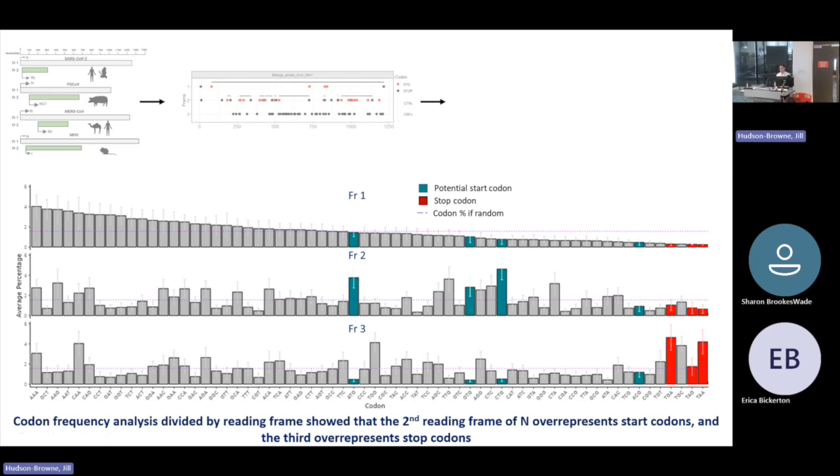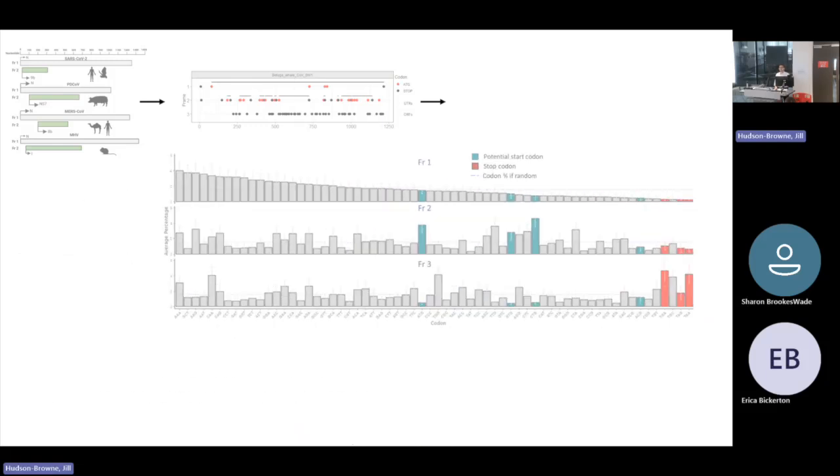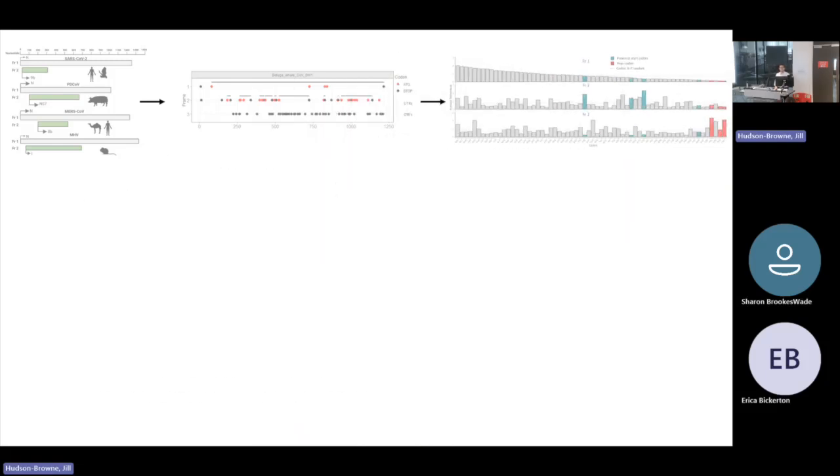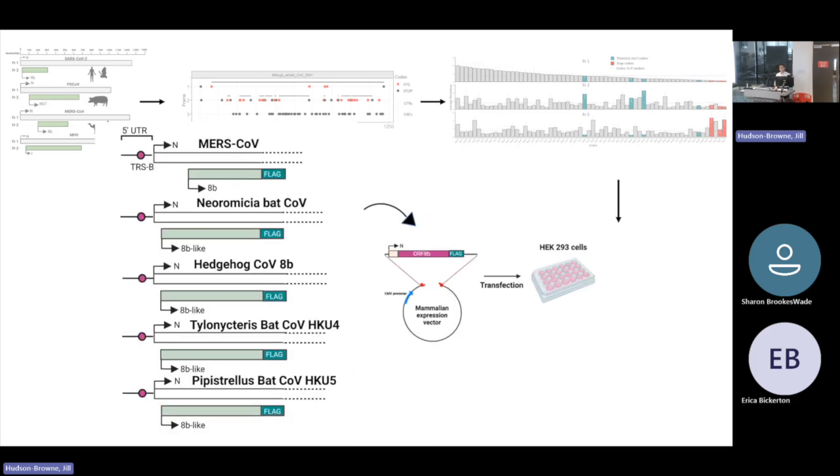I was interested in seeing how this codon pattern could affect whatever ORF we were seeing in the alternative reading frames of these coronaviruses. So I took the N gene of 5 different merbecoviruses. I stuck a transcriptional regulatory sequence upstream of each N, added a FLAG tag at the end of each ORF8b gene, took these sequences into mammalian expression vectors and transfected them into cells.